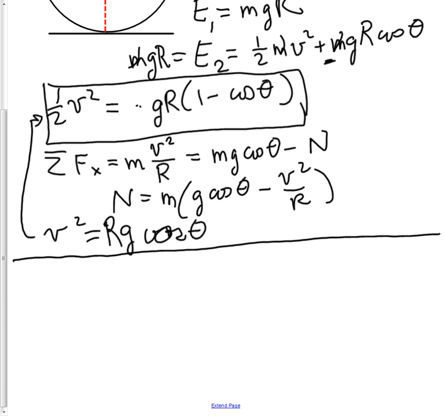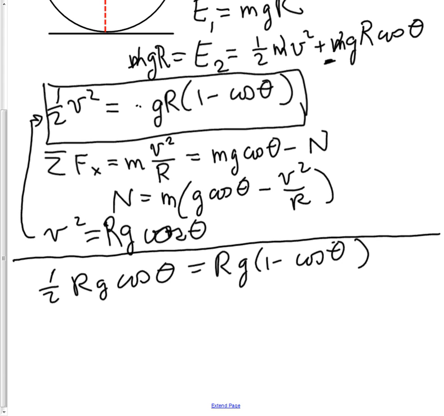So at any rate, we take this, put it in here, and we get 1/2 rg cosine theta equals rg times 1 minus cosine theta. And the r's cancel out, and the g's cancel out. And you see this thing is going to behave exactly the same way with regard to the angle it comes off, no matter what the mass is, no matter what the radius is, no matter whether you do it on the moon or the earth.